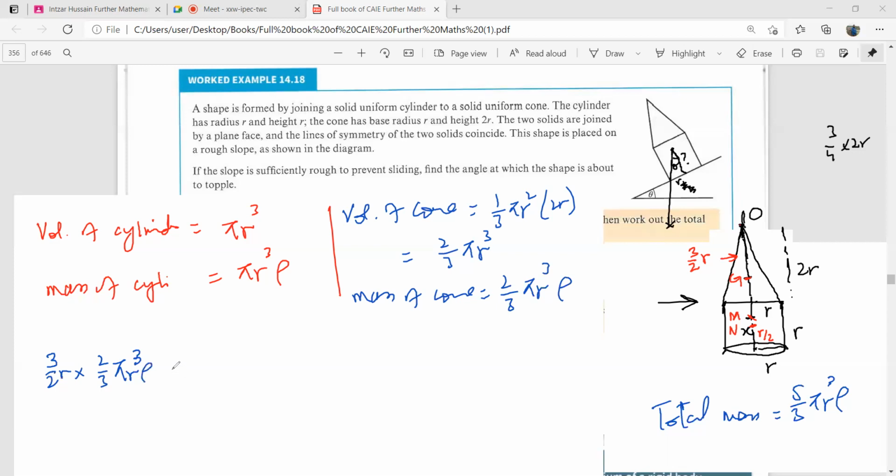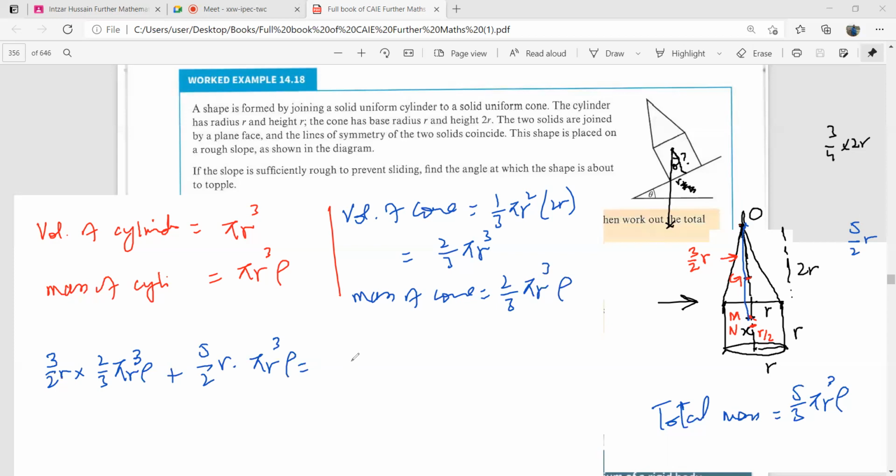That is for the cone. Plus, I have already determined that 2r plus r over 2 is going to be 5 over 2 r. That is for the cylinder, 5 over 2 r times pi r cube rho, which equals the total moment.